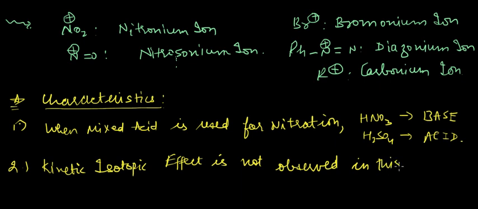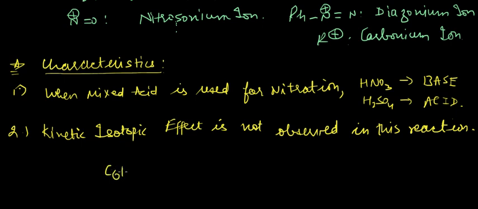And what do we mean by kinetic isotope effect? It means if I replace C6H6 with, let's say, C6D6 or C6T6, which are deuterium and tritium, isotopes of hydrogen, that is, if we substitute benzene with D or T atoms on all 6 carbons, then this is called the kinetic isotope effect. It is used to see if the rate of reaction is affected by using different isotopes of the H atom.